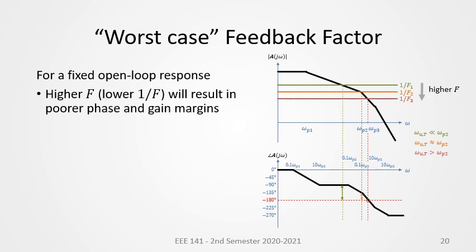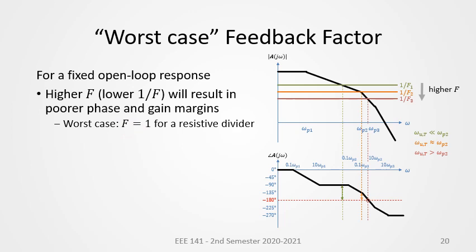Thus, the higher the f, or the lower 1 over f line, the poorer phase margins we will get. The worst case is the largest F possible, which in the case of a resistive divider is F equal to 1.